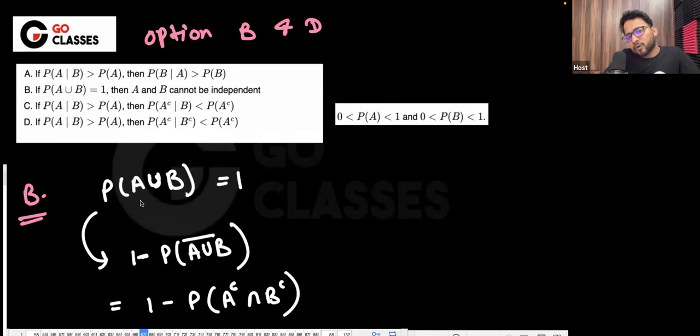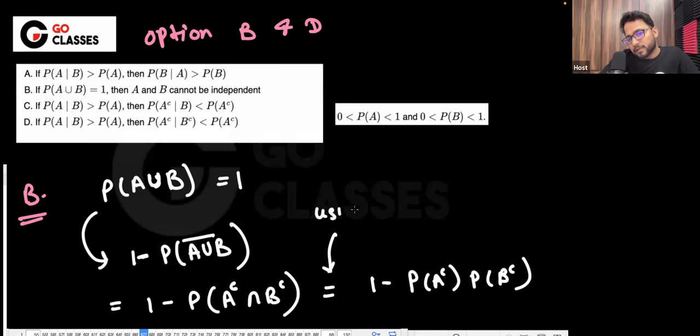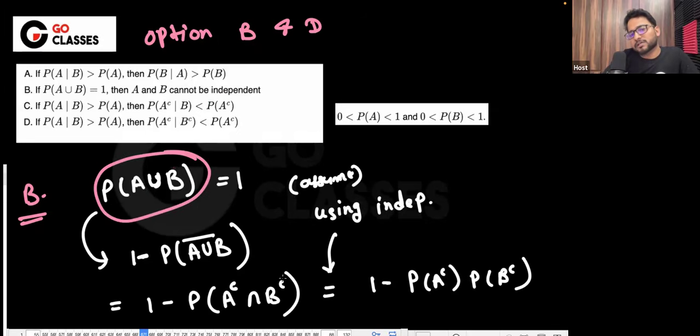I want to convert the union to an intersection because only then does independence make sense. Assume they are independent. Then A complement and B complement are also independent, and using independence I'm able to write it like this. This is the standard way to convert a union to an intersection.